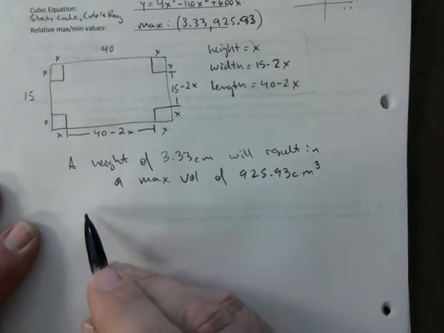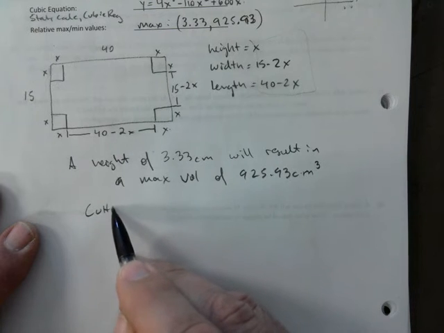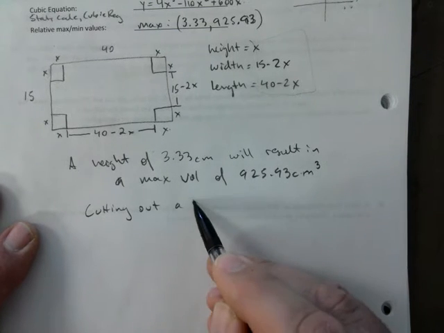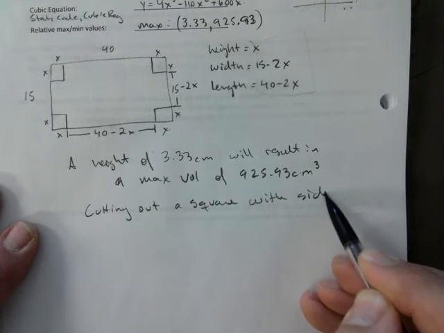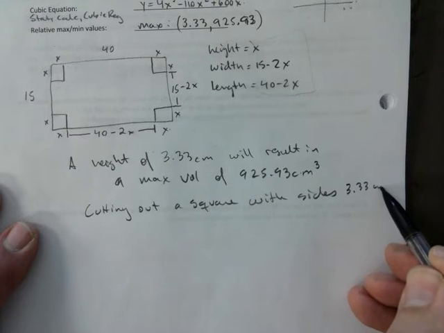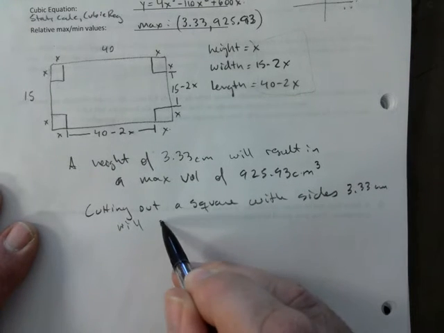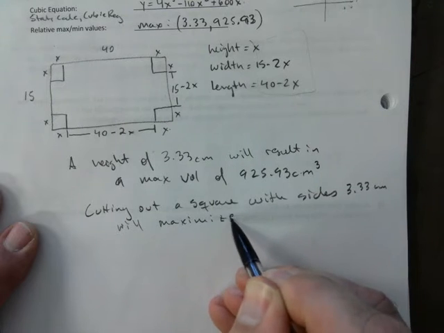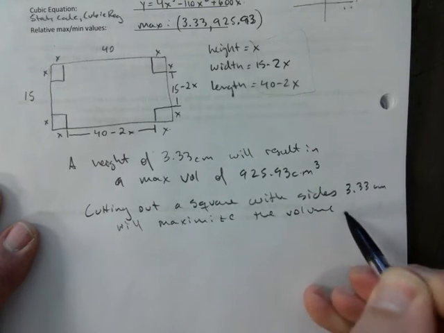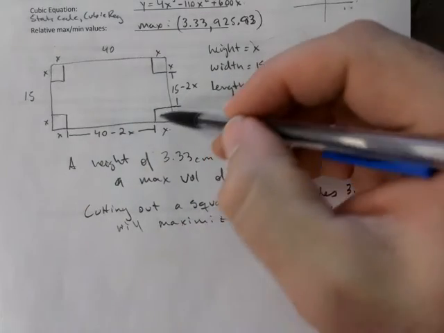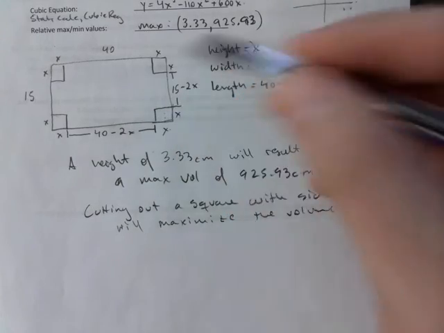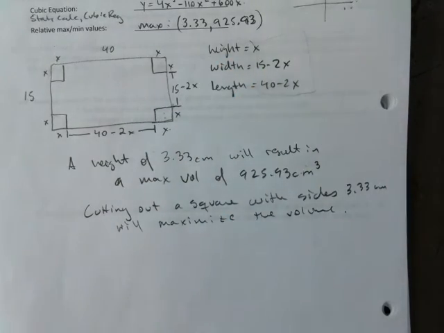But more precisely, cutting out a square with sides 3.33 centimeters will maximize the volume. Like if you cut out 3.3 and 3.3, if these corners measure 3.3 and 3.3, if you cut that out and then fold the box, that would be the box that can hold the most in it, right? And so forth. All right.